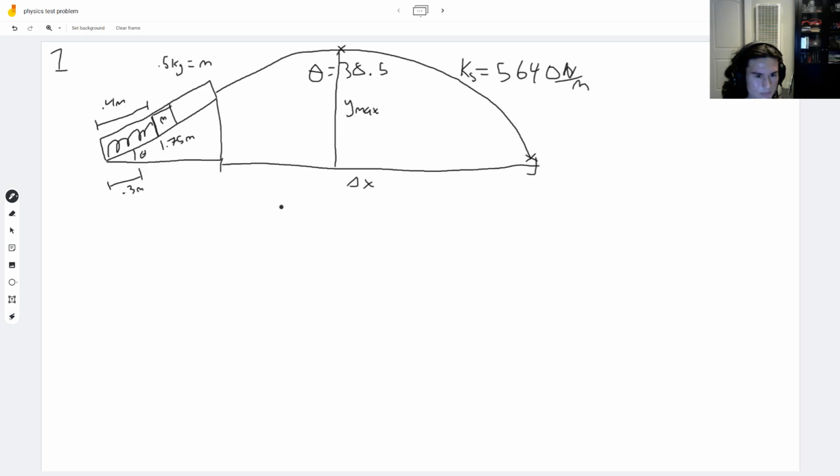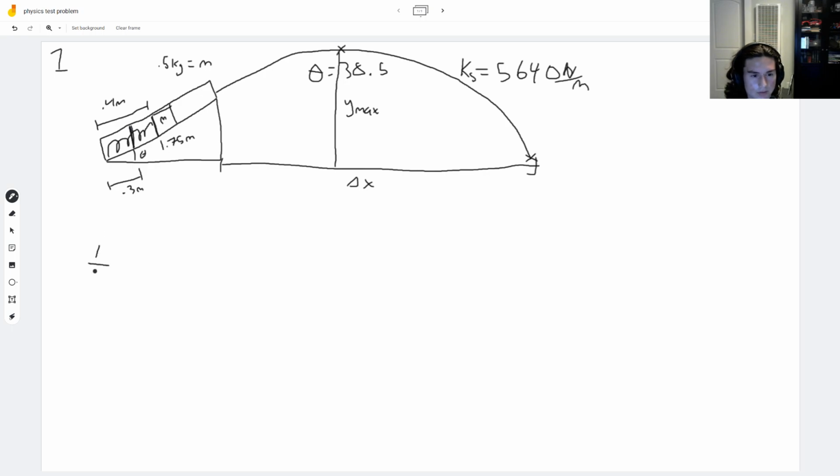To start off this problem, we have to identify what strategy we're going to use. I personally used energy. I think this is possible with forces, but a lot more complicated. So I'm going to set up an equation to define a few heights, starting from the compressed length of the spring.